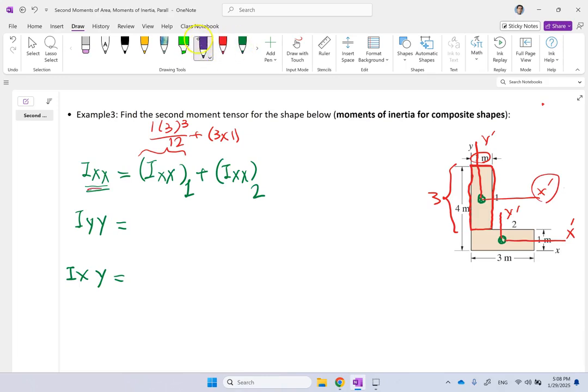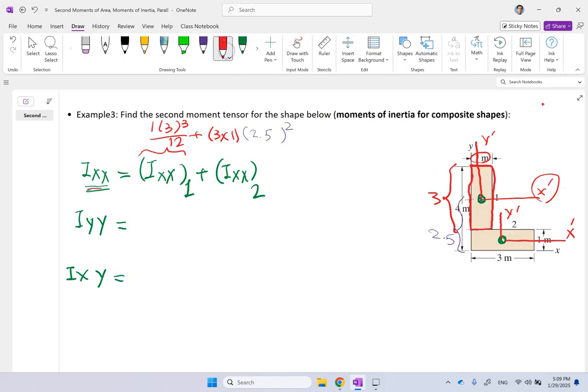Let me use a different color. What is this distance? I need to know that. Well, if this is 3, this is 1.5 plus 1, that is 2.5. So the distance from this centroid to the x-axis is 2.5 squared. So this is what this is for shape 1.